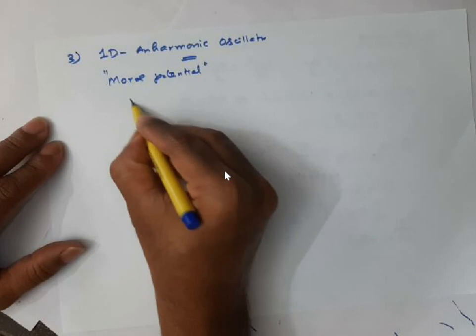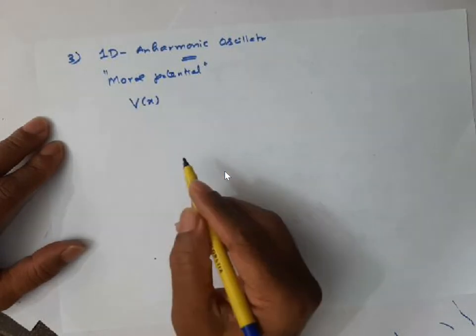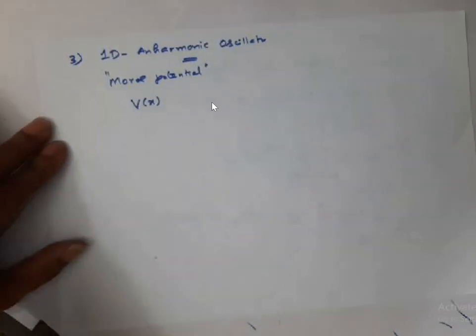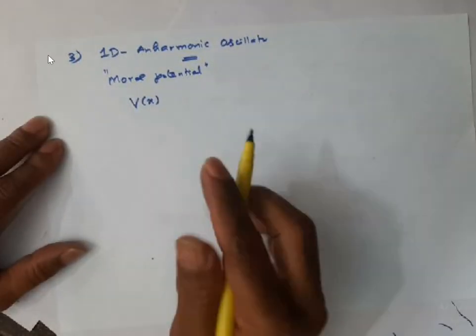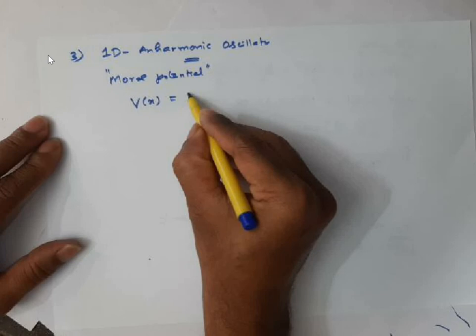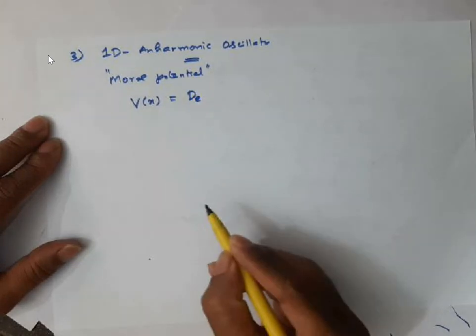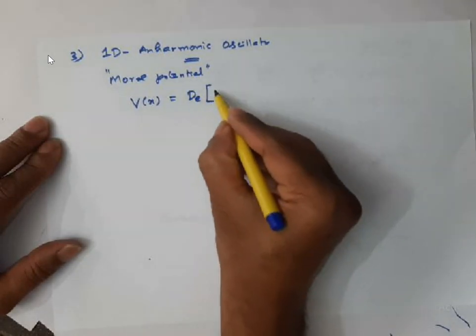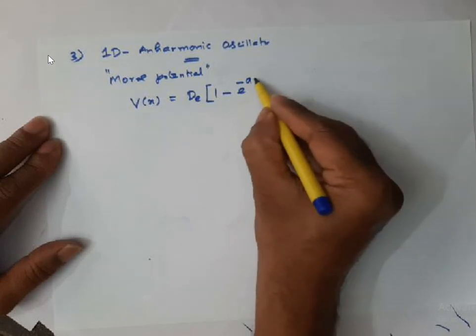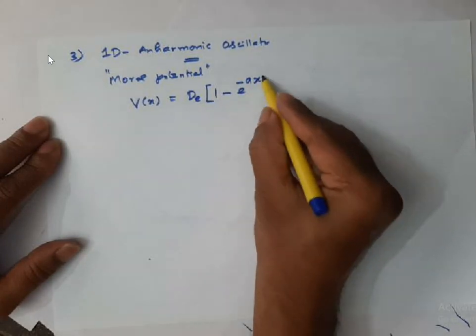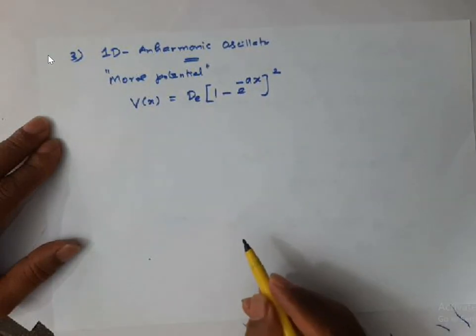What is the Morse potential function? V of x is given as the equilibrium dissociation energy times (1 minus e to the power minus a x) whole squared, where a is some constant and x is the displacement. This is the formula.